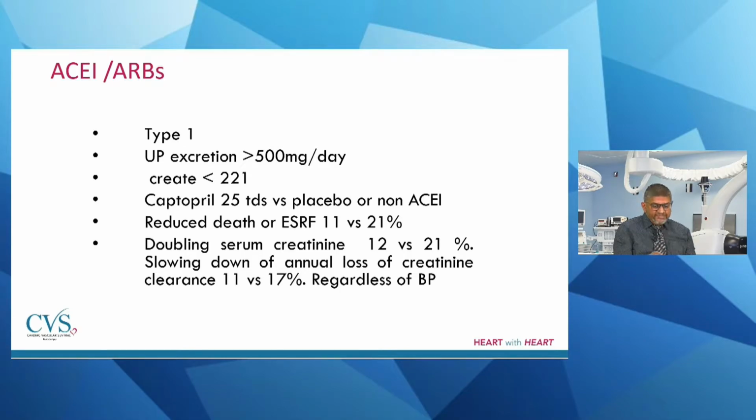And this was the very first study that showed that starting an ACE inhibitor, in this case captopril, reduced end-stage renal failure, worsening renal function, and loss of renal function compared to placebo or non-ACE inhibitor blood pressure medications. So this was the very first that set the ball rolling.